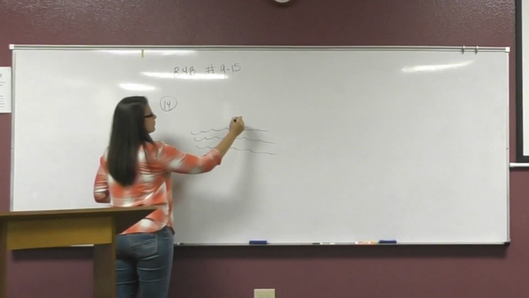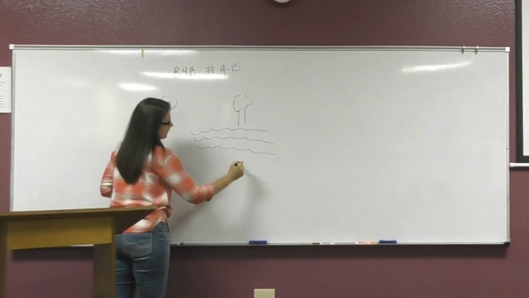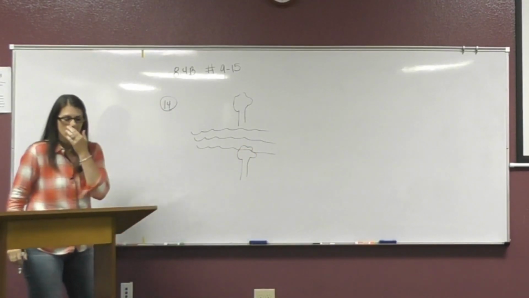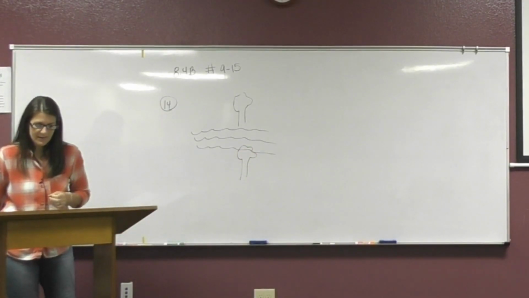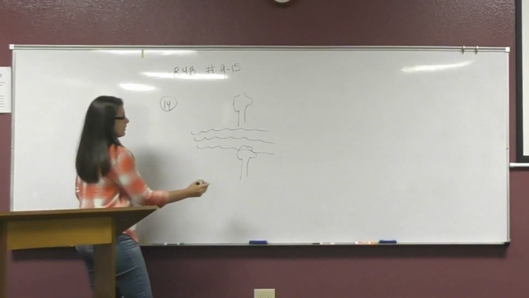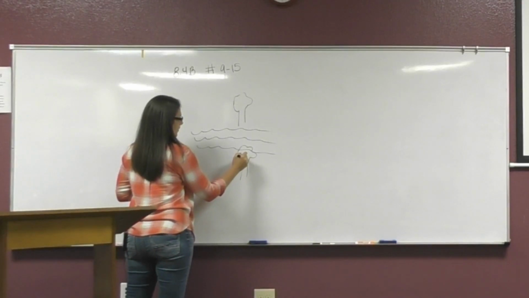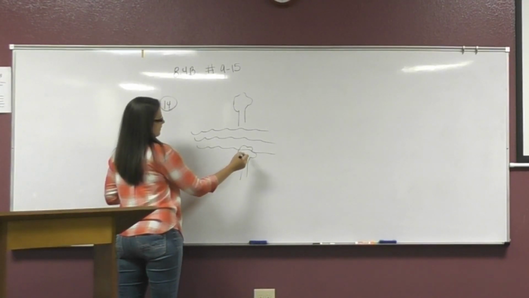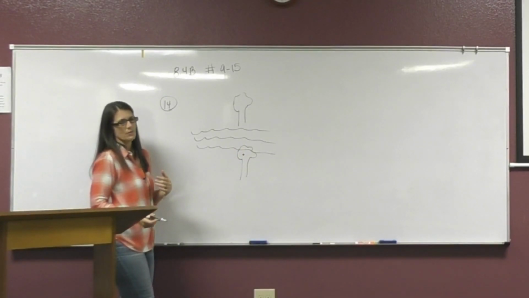They found 2 trees directly across from each other. It says that they walked 20 feet parallel to the river. So let's say they started here right next to the tree. I know it looks like they're up in the top of the tree, but it's on the other side of the tree.